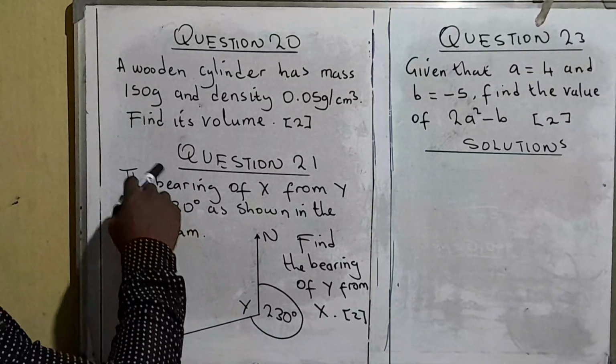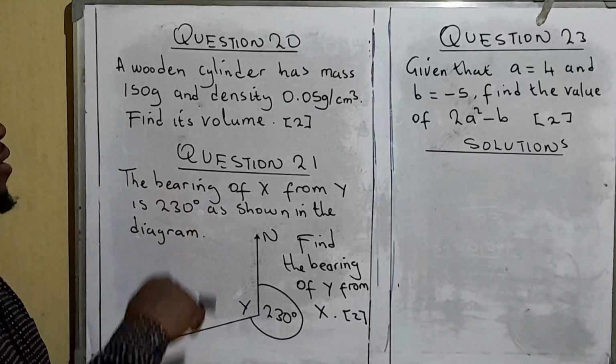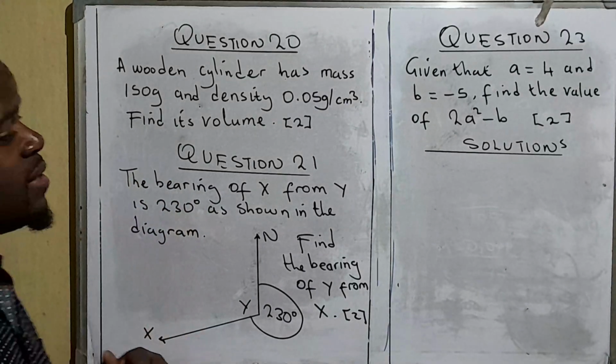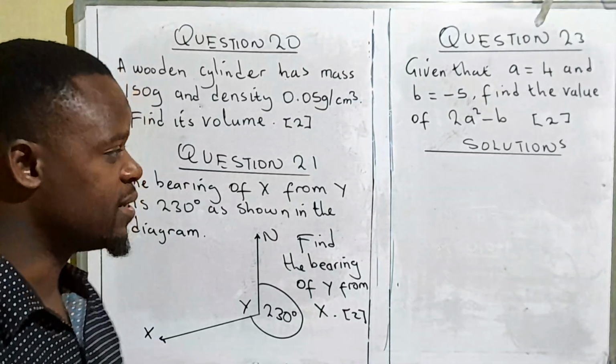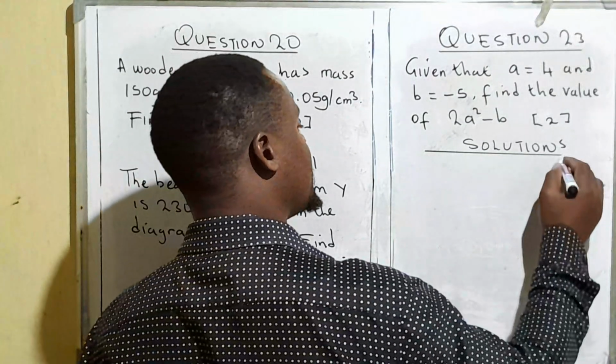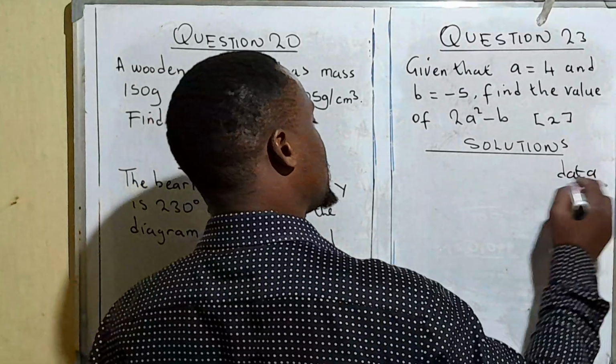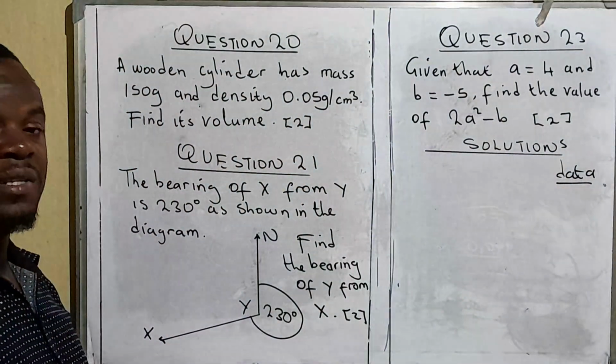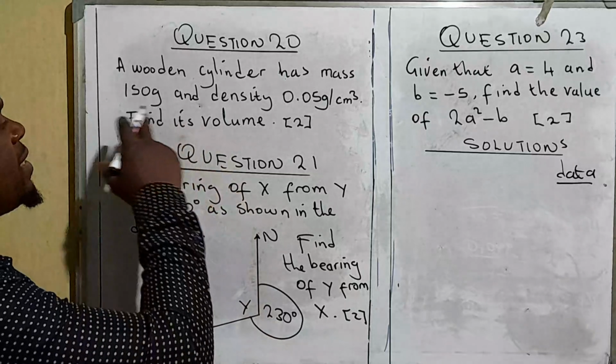The question is saying, determine the volume of that wooden cylinder. So what you do first to make the work easier is you collect your data. So we write data, then we identify the quantities that have been given, right? What quantities have been given?